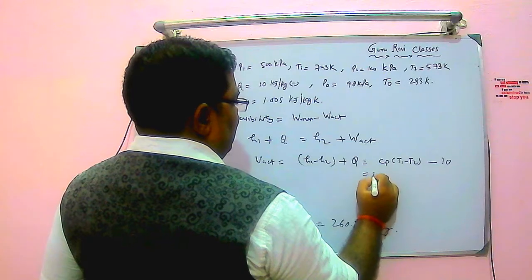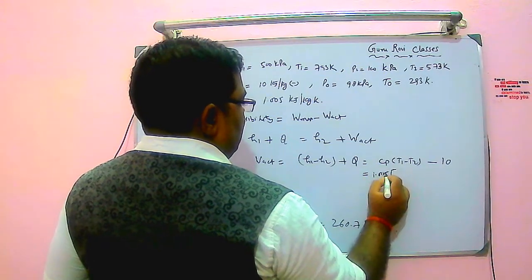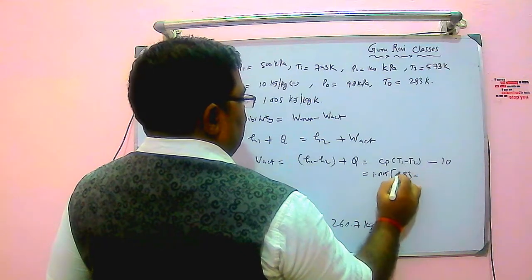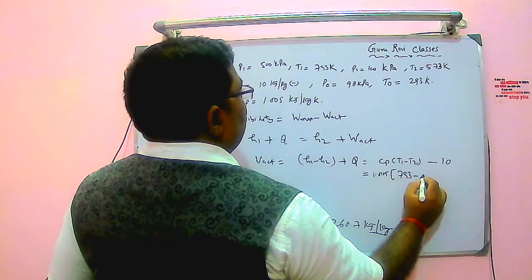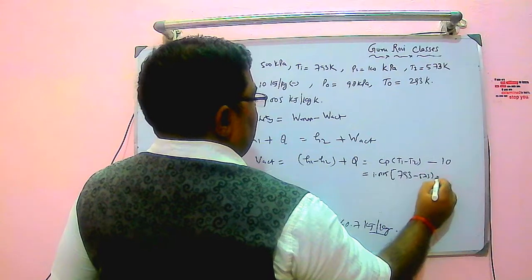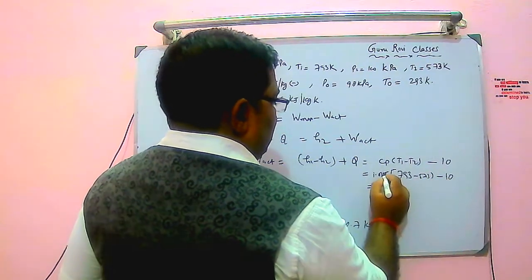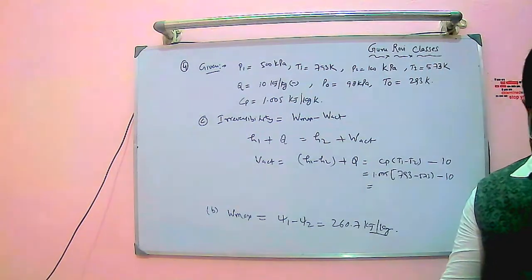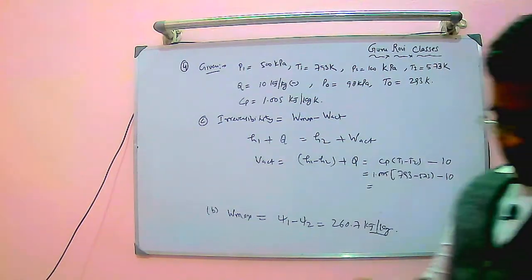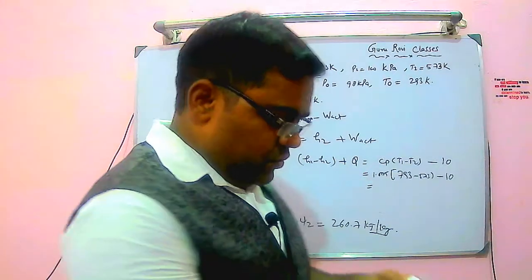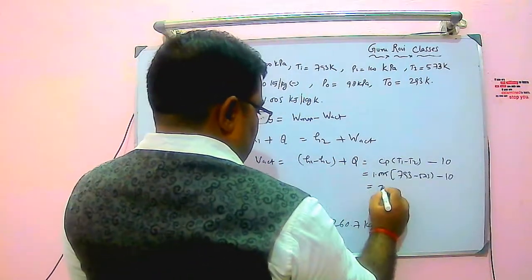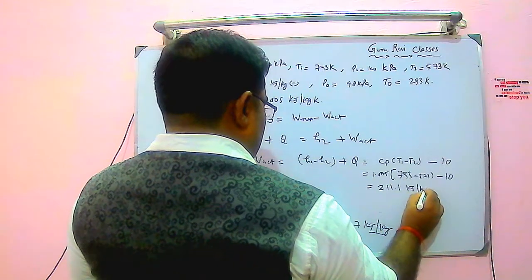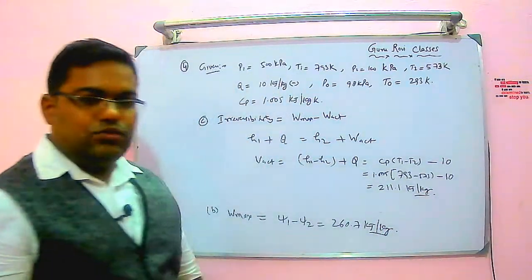Put the value 1.005, T1 value 793 and T2 value 573, minus 10. Solve this and you get the actual work, around 211.1 kilojoule per kilogram.